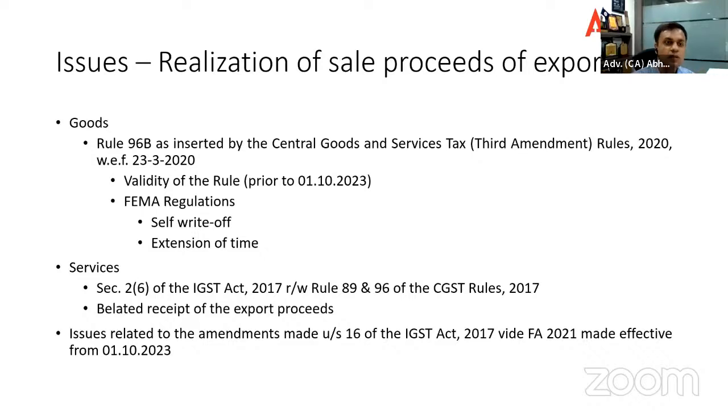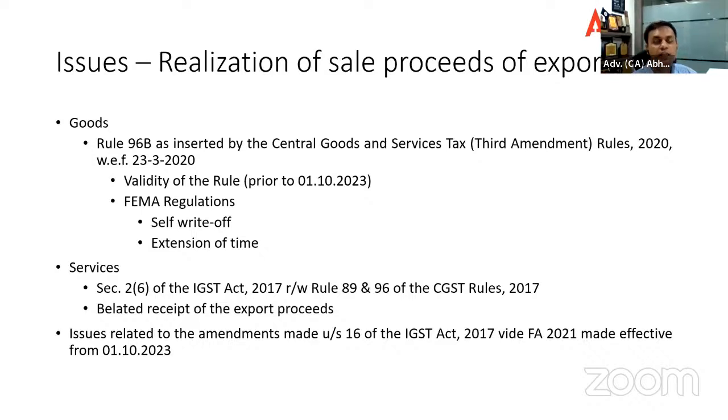It is only now, with effect from 1st October 23, that a proviso has been put into 16(3) to the effect to say that if someone is making the zero rated supply under LUT, then that person has to realize the foreign exchange within the time limits permitted under the FEMA law, and in absence of that or on breach of that, then the person would be liable to pay back the refund along with interest. So it is only now that the parliament has categorically put this as a condition for allowing the refunds. It was never the condition prior to 1st October 2023.